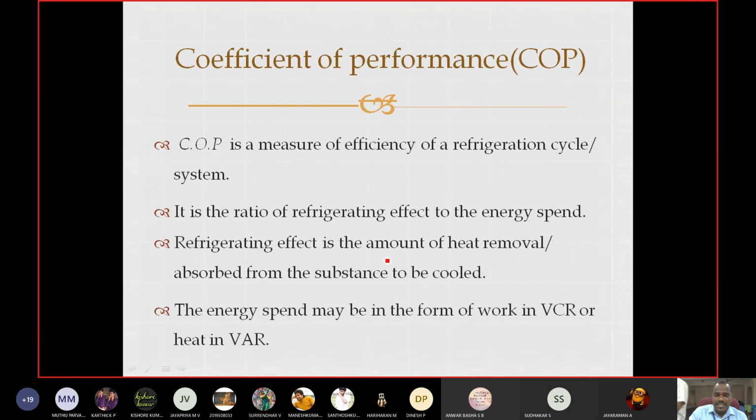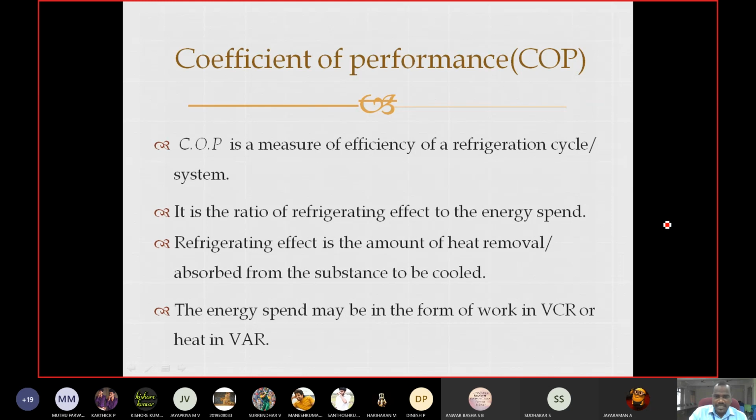In efficiency we denote it by a percentage, but in a refrigeration system we will get more than 100%. Because of that they introduced the word coefficient of performance. So the coefficient of performance is a measure of efficiency of a refrigeration cycle system. It is the ratio of refrigeration effect to the energy spent.